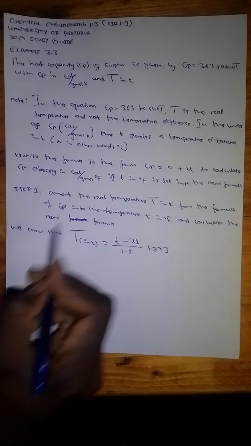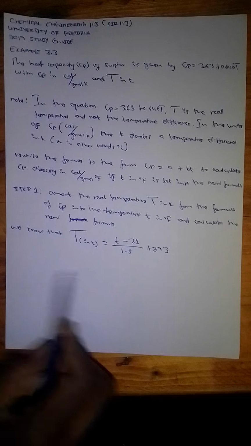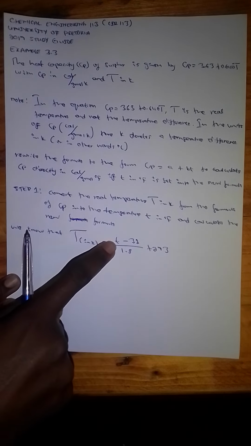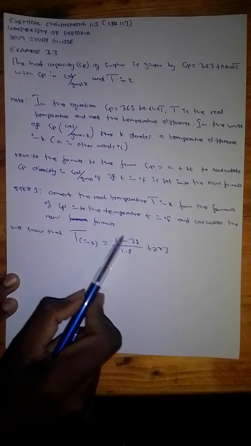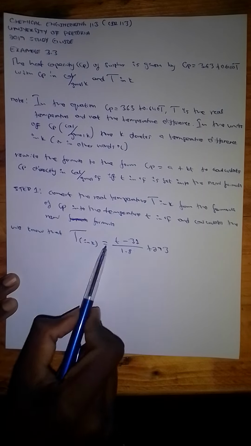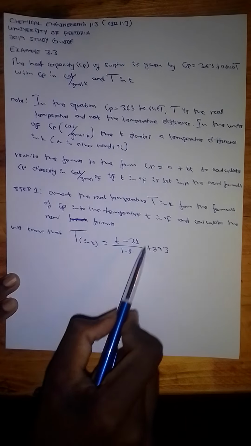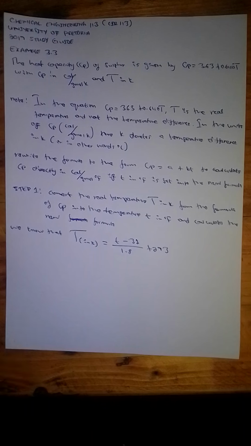If you're going to convert the temperature in degrees Fahrenheit into the temperature in Kelvin, you take the temperature in degrees Fahrenheit, you say minus 32, divide that by 1.8, and then you add 273. This is a procedure that we all know, so it's nothing really big.